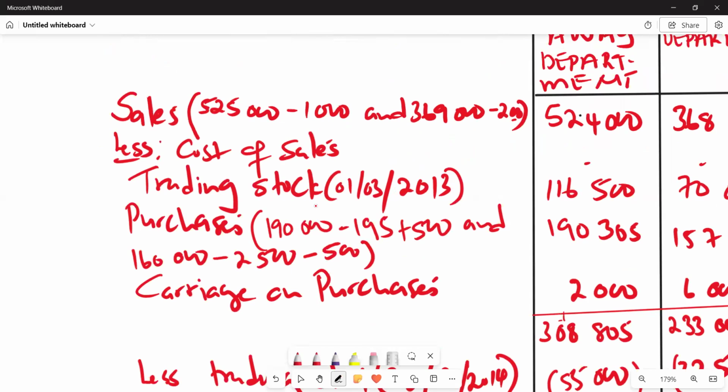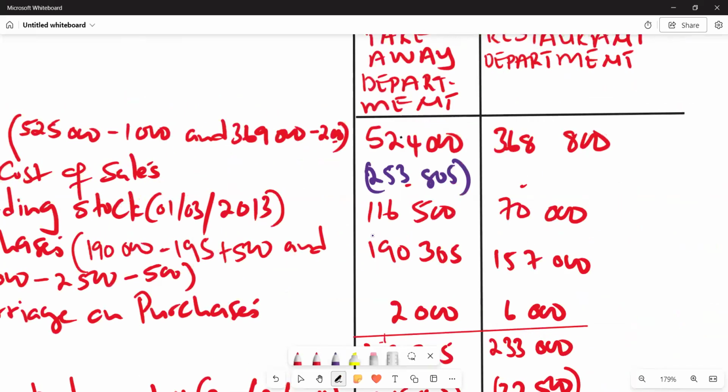So under the takeaway, we are having 253,805. And we are going to put them in brackets because we are saying less here. And then we go to the next one, which is the restaurant. In the restaurant, we are going to get 200,500. And then we put them again in brackets. So this is what we have.